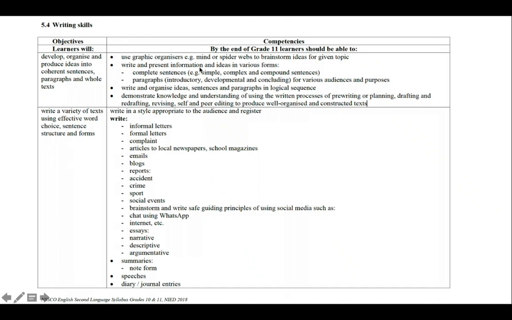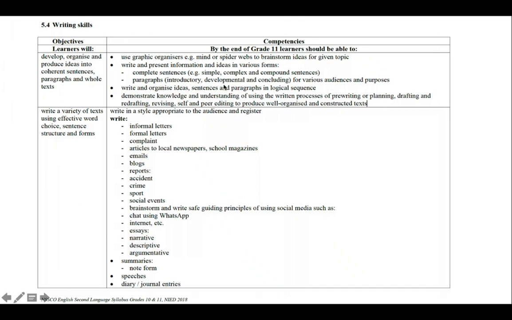Use graphic organizer. For you to measure that, you have graphic organizers, and these are the tools that you can use to help learners brainstorm ideas and organize their information. Write and present information and ideas in various forms, and these forms are complete sentences, simple, complex, compound sentences. You can focus on these things.